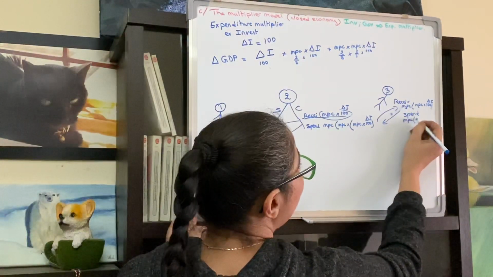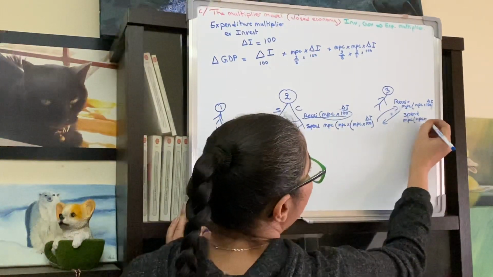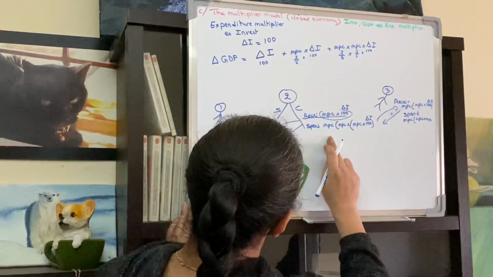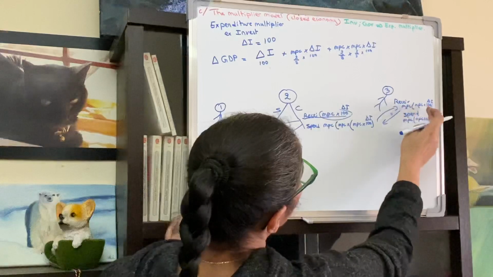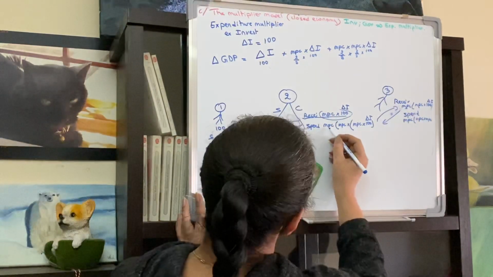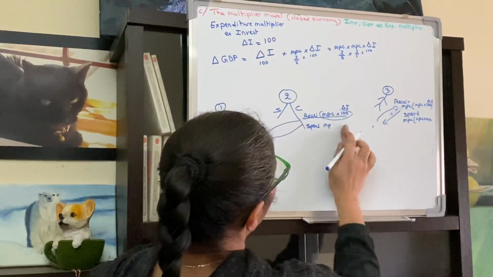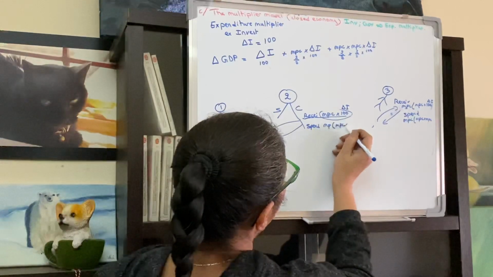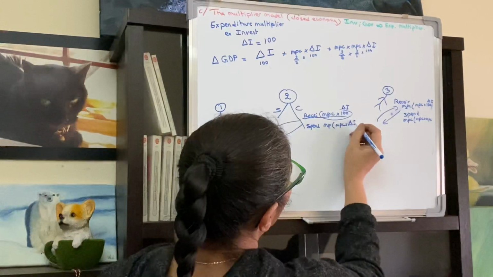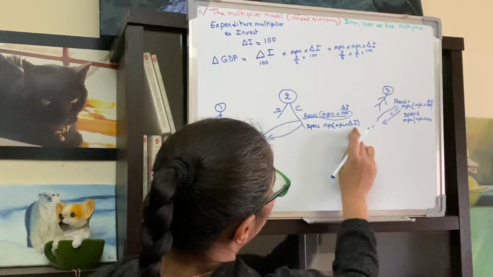MPC times MPC times MPC. Here I had a mistake. He receives and spends MPC times only 1, MPC times 100 in here, delta I. Sorry guys, lost you. Here there are only 2, okay? He's going to spend MPC times this.